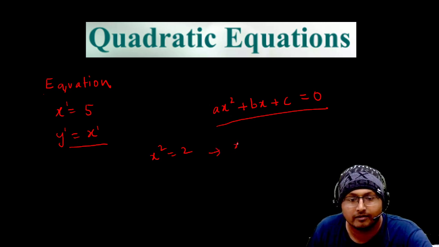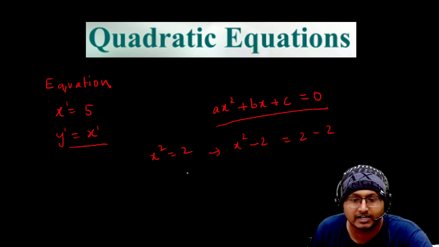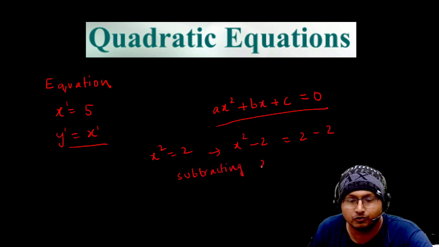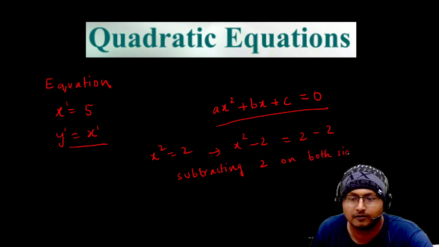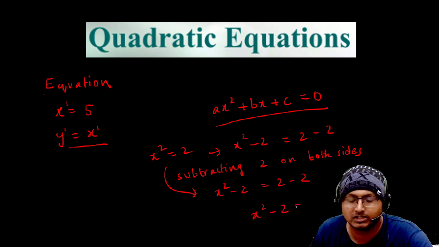How? Subtracting 2 on both sides, we get x square minus 2 is equal to 2 minus 2. So x square minus 2 is equal to 0.